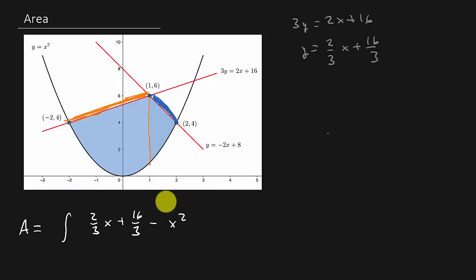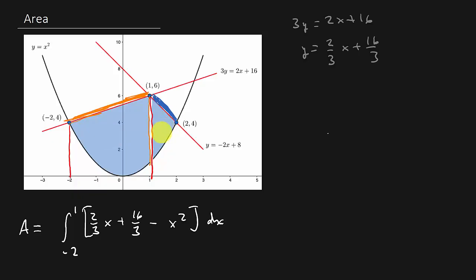Now we're integrating with respect to x. Okay, so we are going from x equal negative 2 to x equal 1. So that's going to take care of this area right here on the left side of that line.